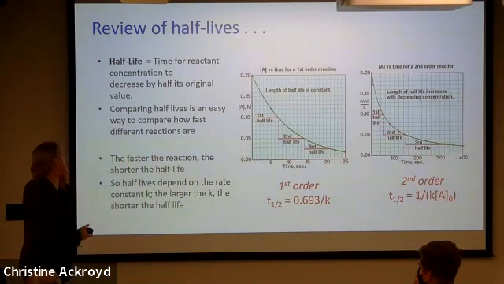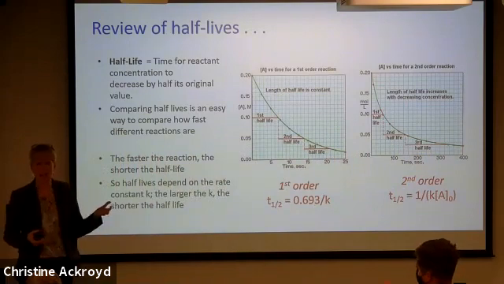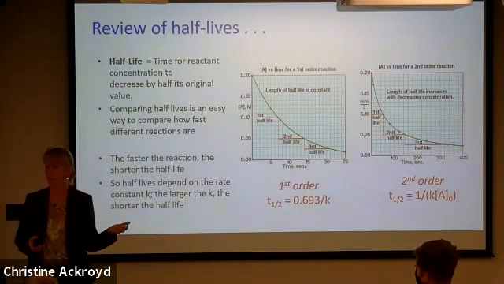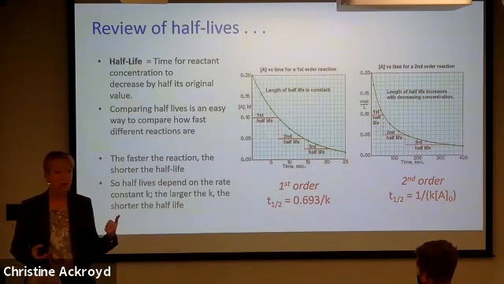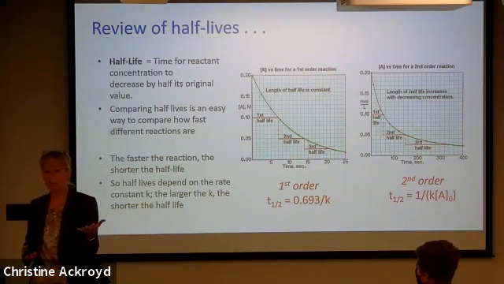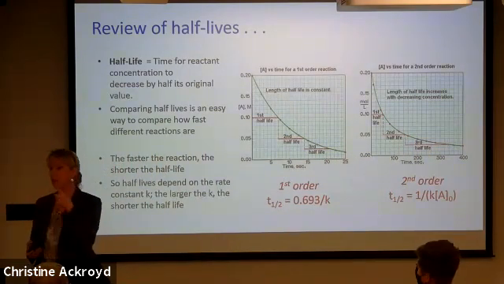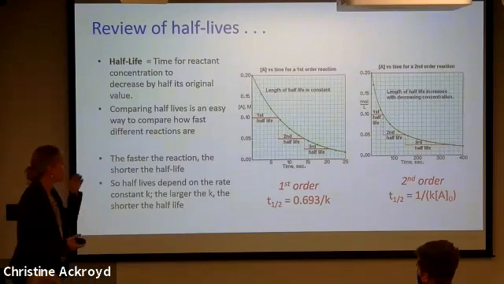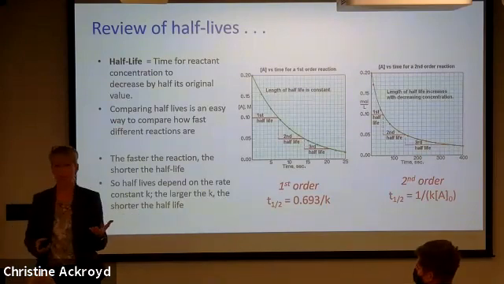So the faster the reaction, the shorter the half-life, right? Or the higher the rate constant, the shorter the half-life, okay? So we have a relationship between the half-life and the rate constant.